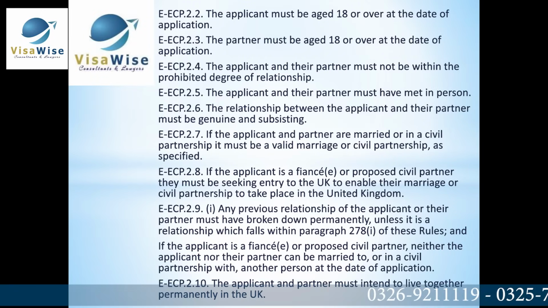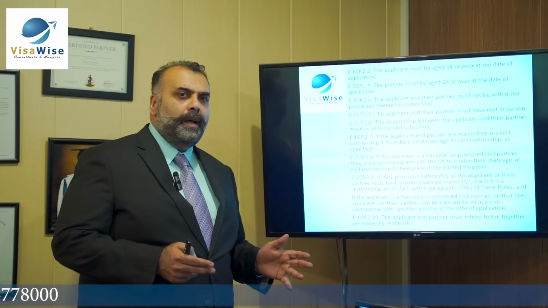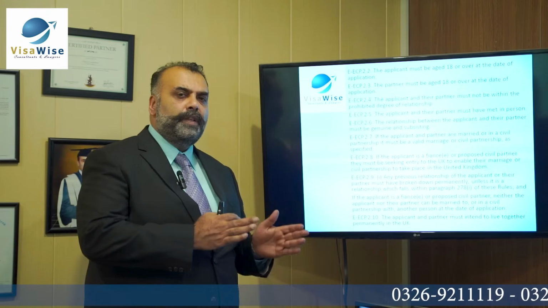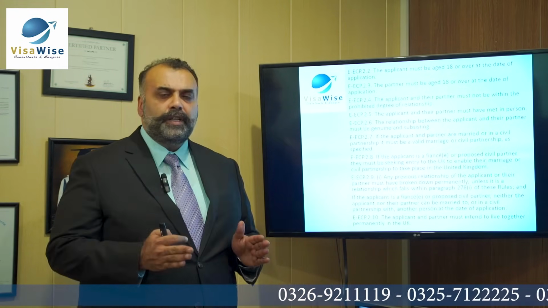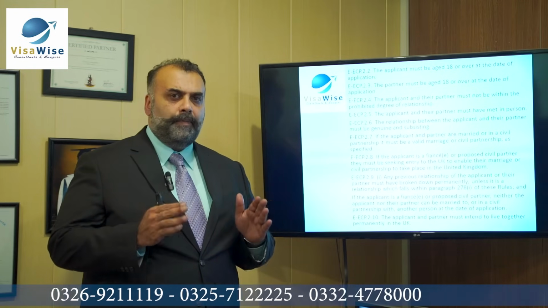Then, when it talks about fiancés, you can also submit the application being a fiancé of someone who is in the UK. And if you do that, you will have to meet the relevant eligibility requirement under Appendix FM. There is a difference between a fiancé application or a simple marriage visit visa application.